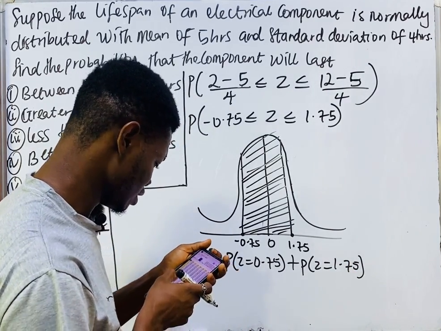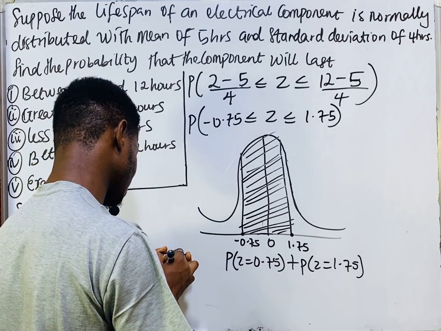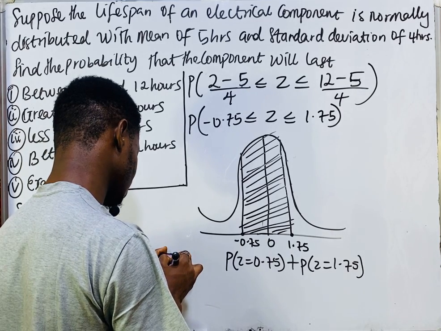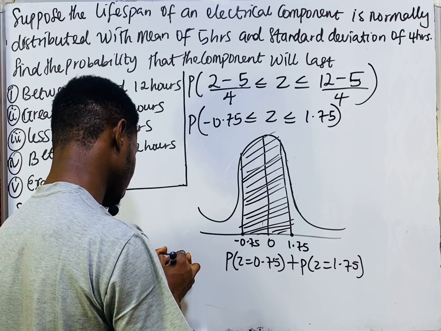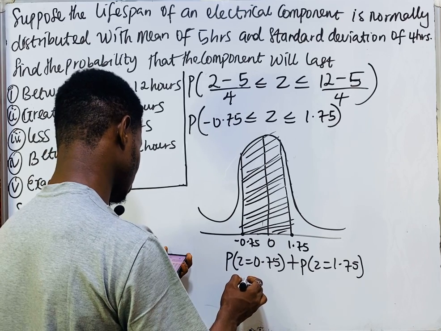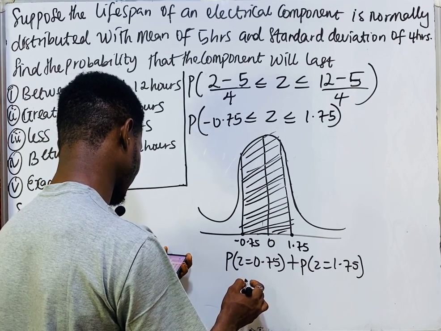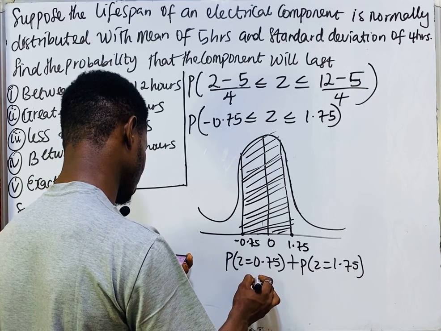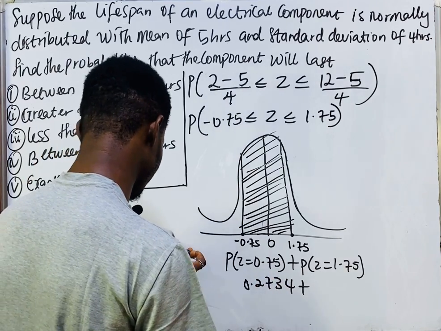So P of Z is 0.75, so we look for 0.7 under 5, which gives me 0.2734, plus 1.7 under 5.